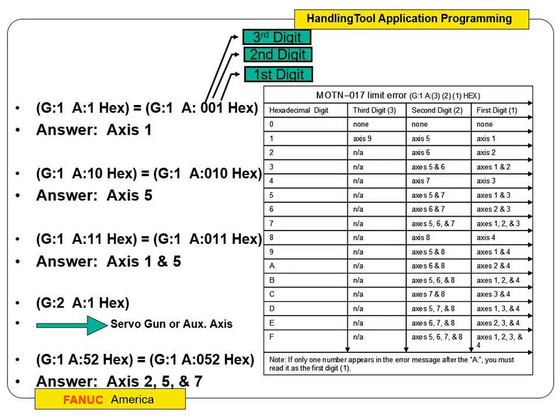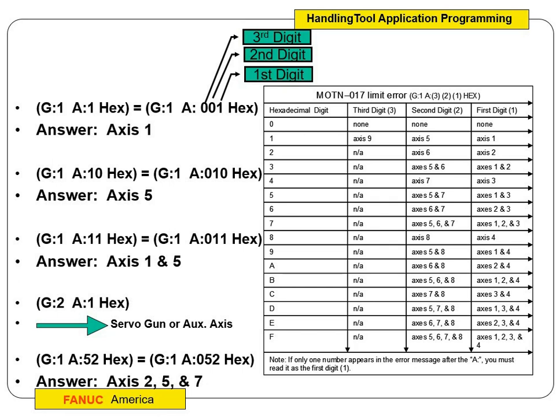Maybe it'll make sense in the next one here. If we look at G1A010 and interpret 010, we're going to get axis 5. The 3rd digit is 0, so that means there's no axis issue. The 2nd digit is a 1, so looking at the chart, a 1 in the 2nd digit means axis 5. And then a 0 on the 1st digit tells me there's no axis.